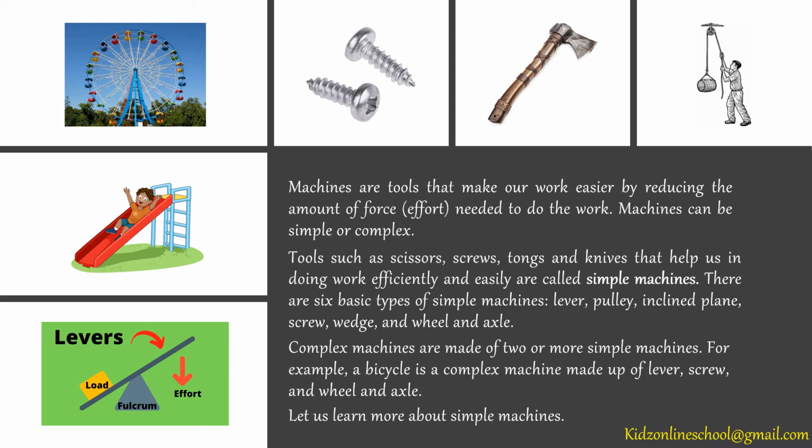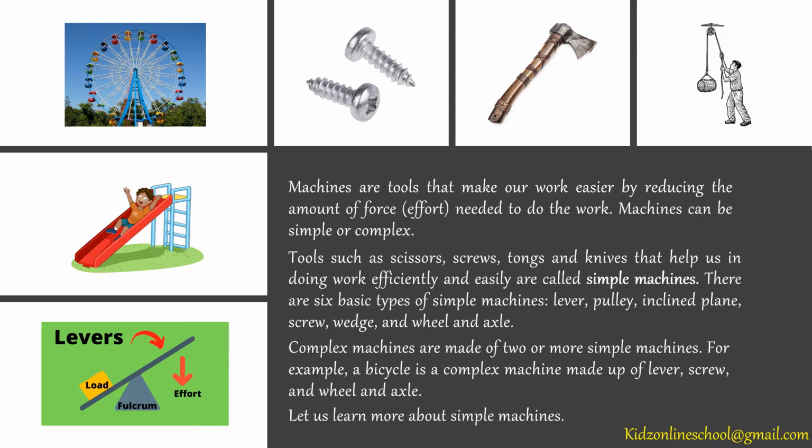Tools such as scissors, screws, tongs, and knives that help us in doing work efficiently and easily are called simple machines. There are 6 basic types of simple machines: lever, pulley, inclined plane, screw, wedge, and wheel and axle.